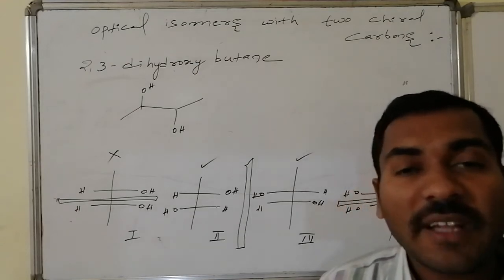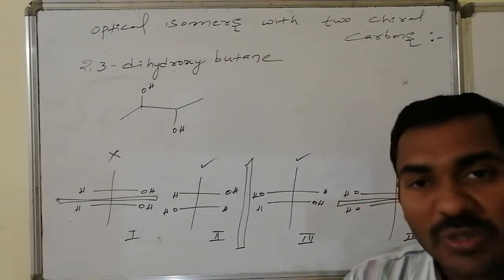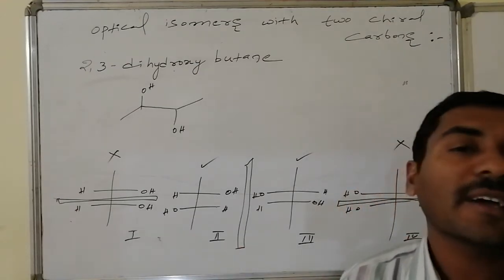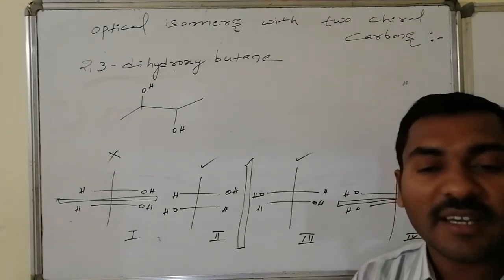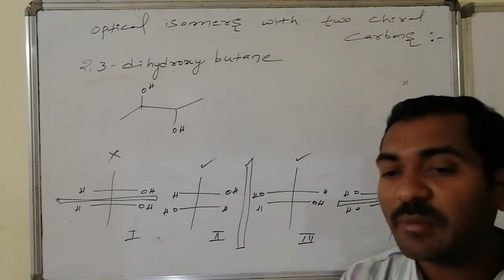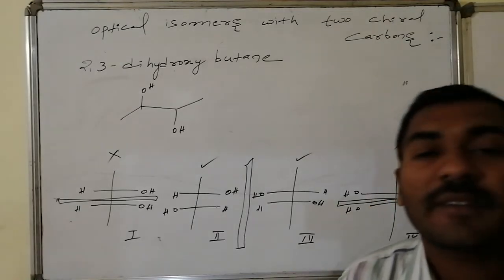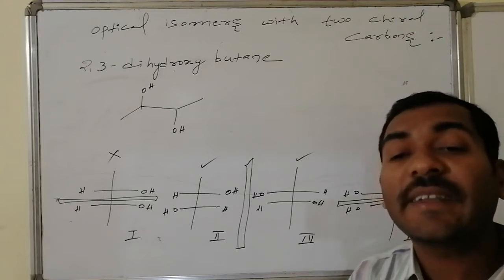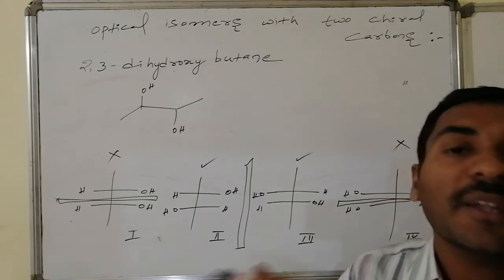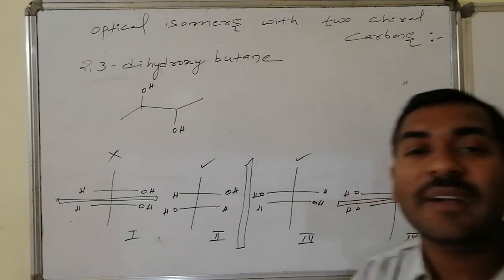Due to the symmetrical arrangement of valencies on the chiral carbons, the molecule has symmetry. So the molecule becomes symmetrical though it has chirality, and it is optically inactive. Such molecules are known as meso molecules.